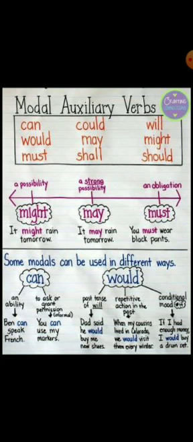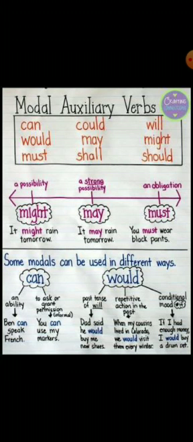Now the next modal, and that is would. Would is the past form of will, and will is always used with invitation, future tense, etc. When we are going to indicate future tense, then we always use will.